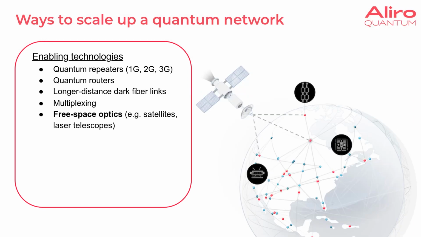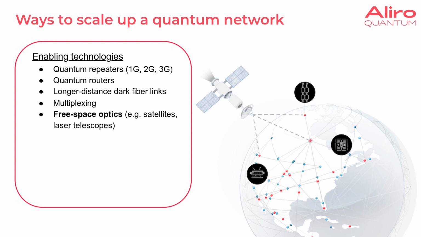When we're talking about very long distances, free space optics will play a key role as well, for example using satellites or laser telescopes. In this little diagram on the right, you can see we have a satellite that is communicating to a series of ground stations, which are geographically very far apart.